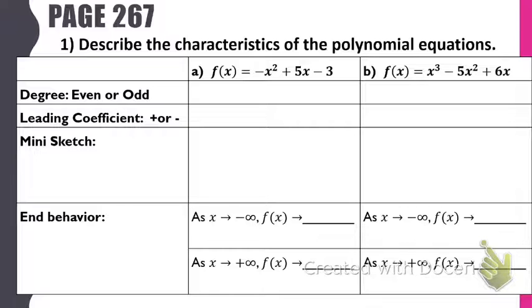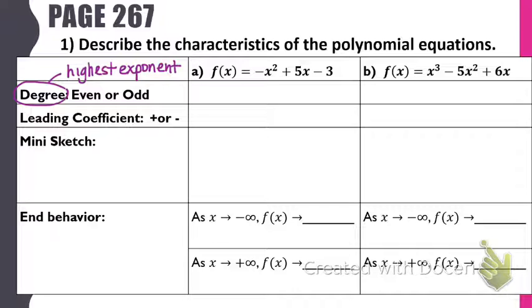Okay, so when it asks you even or odd, that's asking you for the highest exponent. So your degree is the highest exponent. That's what that represents.